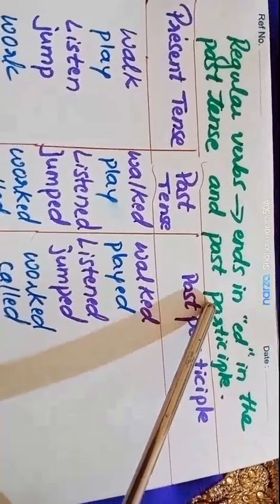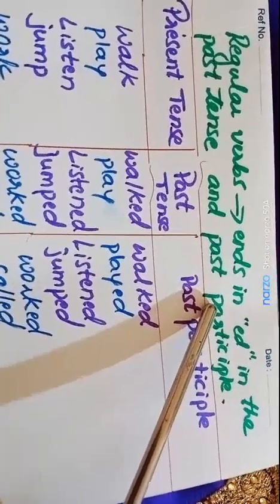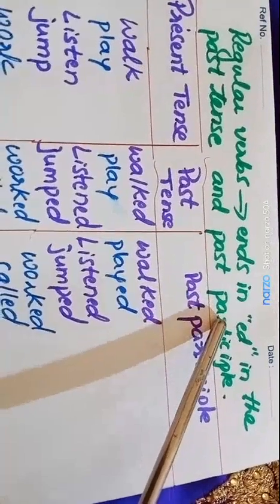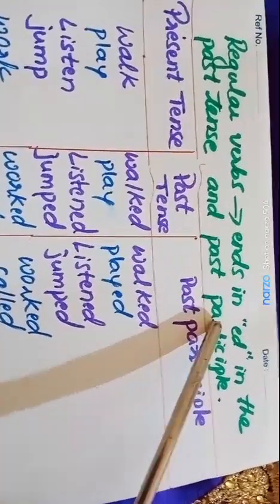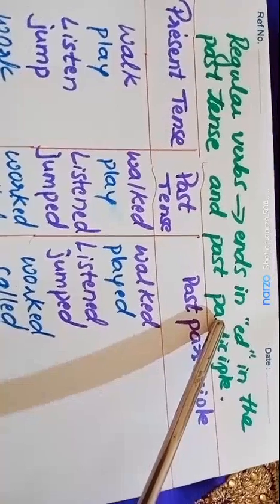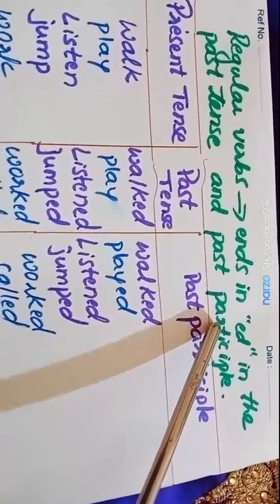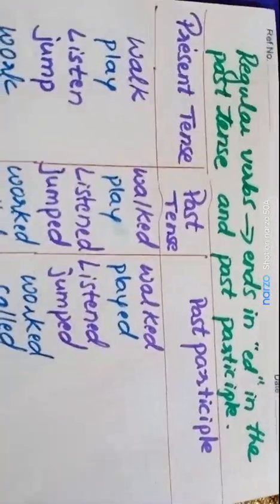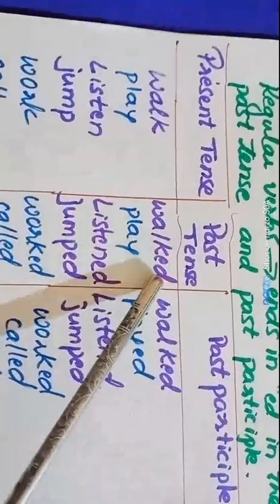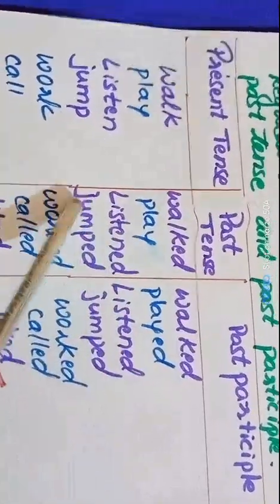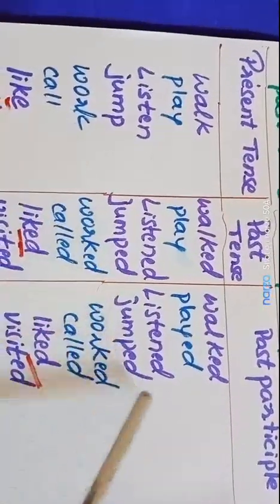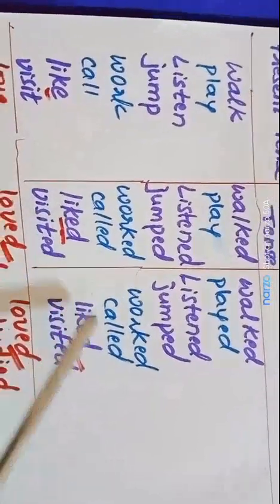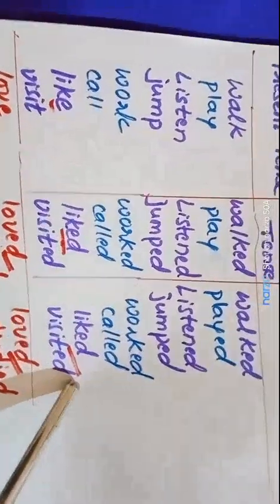Regular verbs are verbs that follow a consistent pattern when forming their past tense and past participle forms by adding "ed" to the base form. Here are some examples of regular verbs: walk, walked, walked; play, played, played; listen, listened, listened; jump, jumped, jumped; work, worked, worked; call, called, called; like, liked, liked; visit, visited, visited.